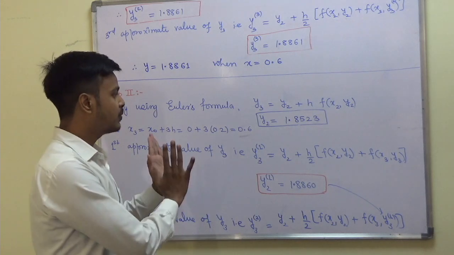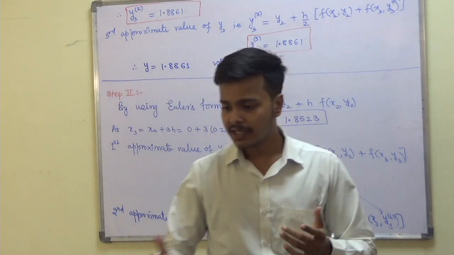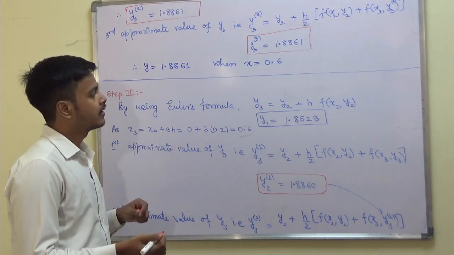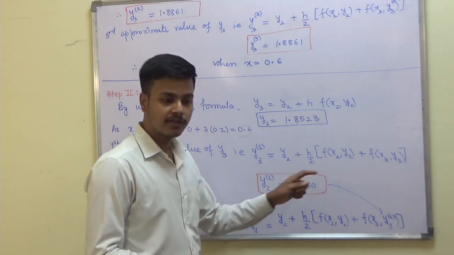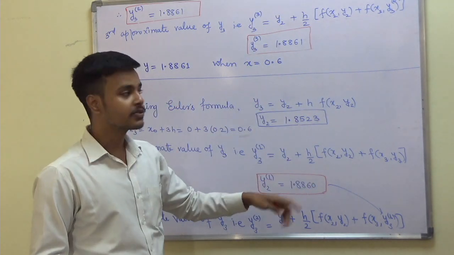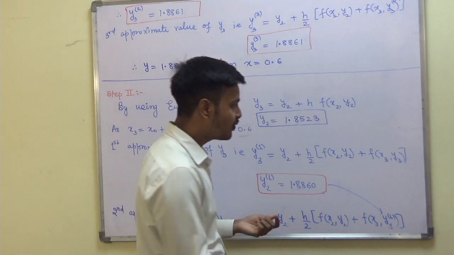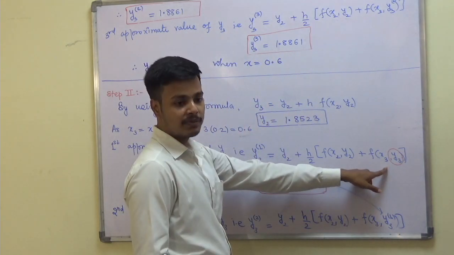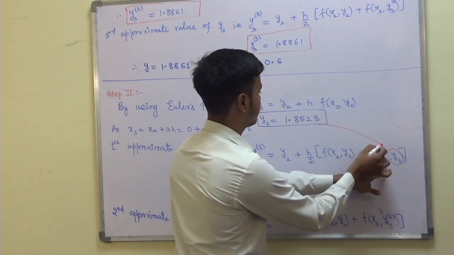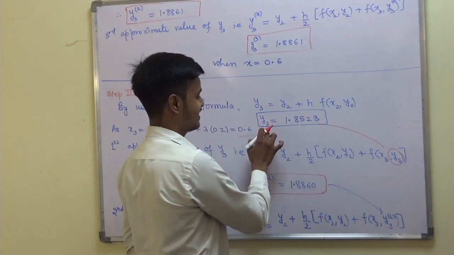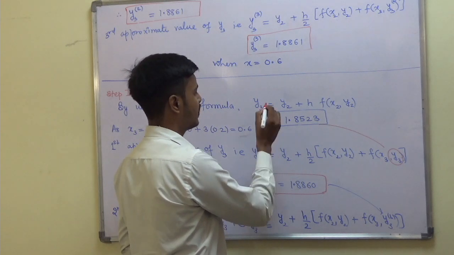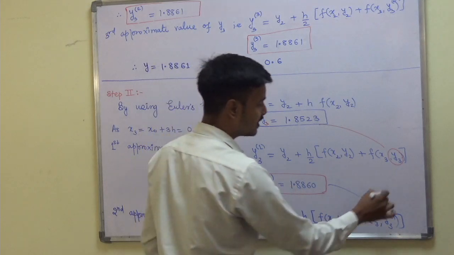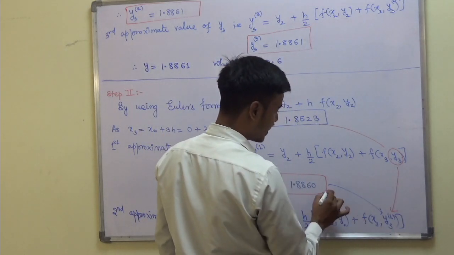So I hope you got an idea of how to solve this. If you have concentrated on the procedure, you might have pointed out one thing: only one term is changing in every formula. In the first approximation it is y3, and in the next formula, the whole formula is the same, but in place of y3 it is y31.